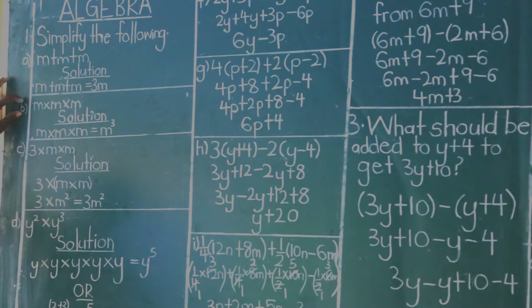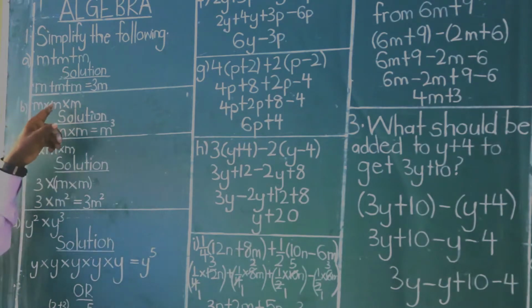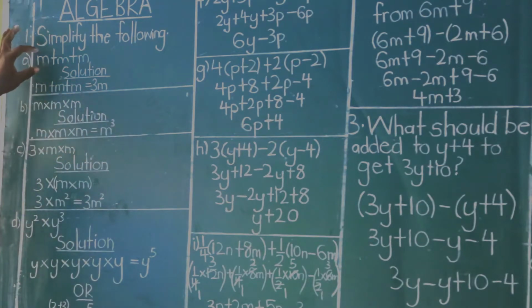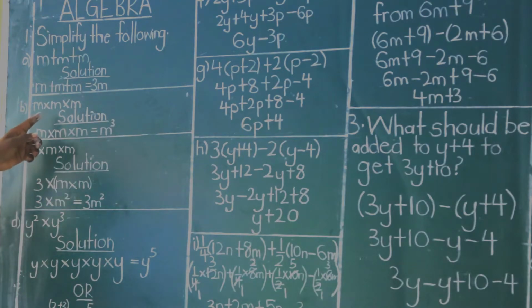Then part B says m times m times m, as opposed to part A that was for addition. This is for multiplication. Unlike addition, in multiplication, so long as the number being multiplied is the same, here we count the indices, the ones sometimes people call powers, but they are actually indices or exponents.